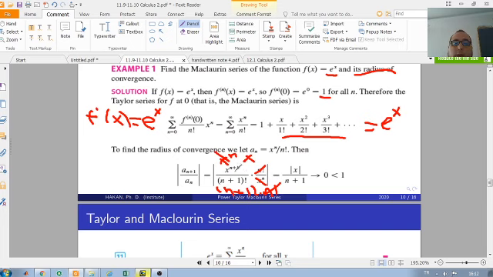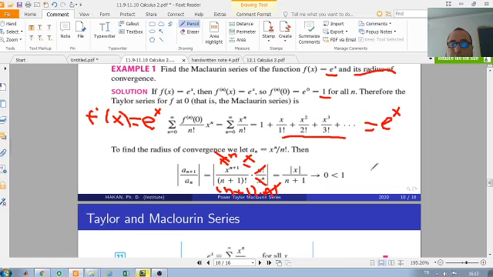So we have in the numerator just |x| over n+1. You know, n is a natural number, therefore n+1 will be positive, therefore we don't need to write the absolute value for n+1.